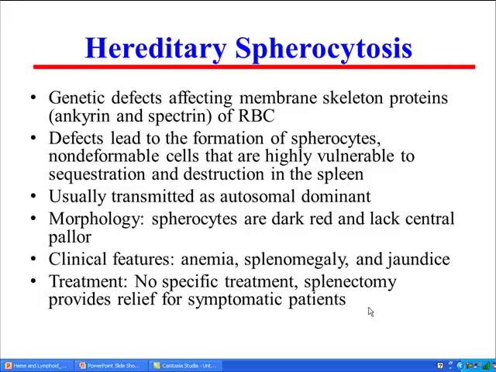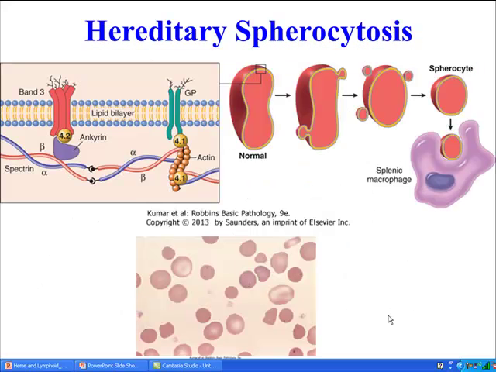The spleen is going to be enlarged, and the patient will experience jaundice. There's really no specific treatment for this disease, but if you remove the spleen, it will provide some relief for these patients.